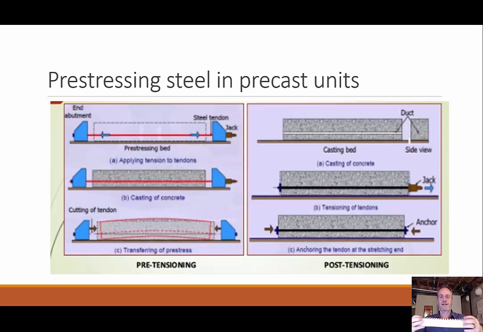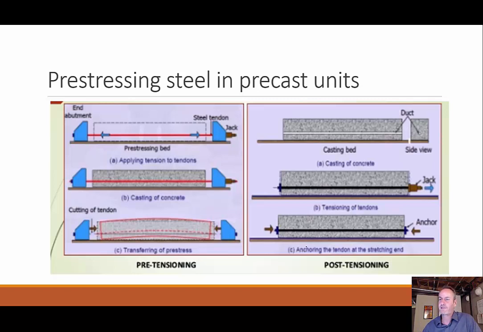Then I'm putting it in compression. If I push it straight in, it's in compression. And if I can push hard enough in and bend it at the same time, or put my loading this way, the entire beam will be in compression the entire time, which is a strength when it comes to concrete, right?